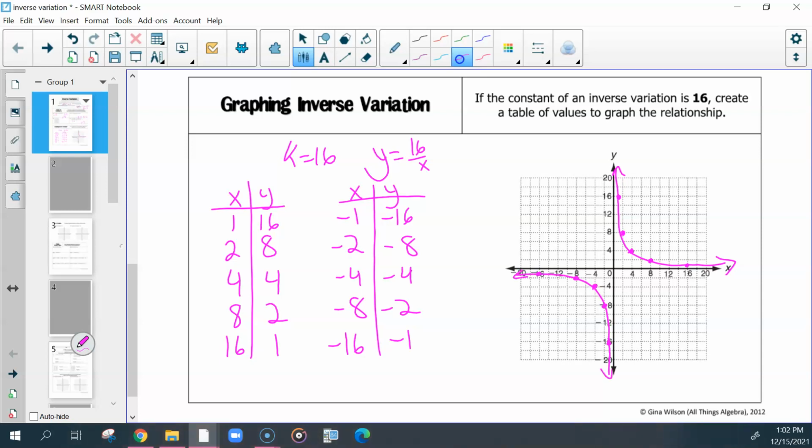This way we have variables on both sides. This is more advanced than I really wanted because 1, we're not graphing these. 2, they're talking about asymptotes, which is something that you will talk about in Algebra 2. I think that's when you talk about it, yeah.